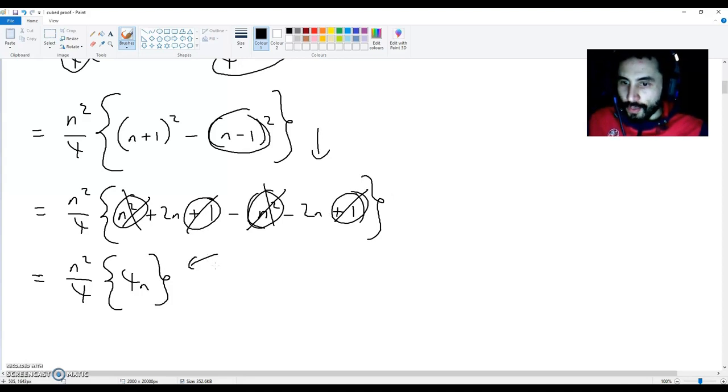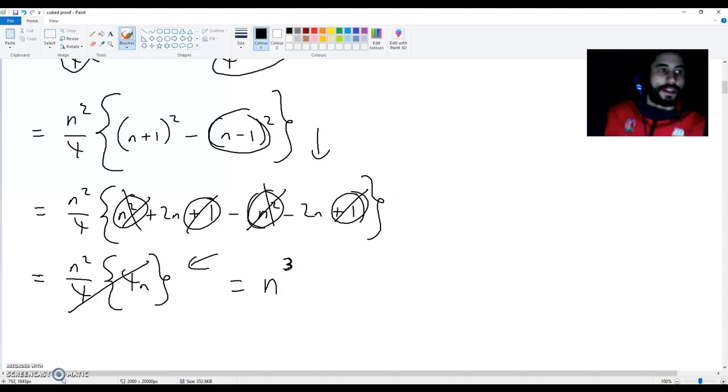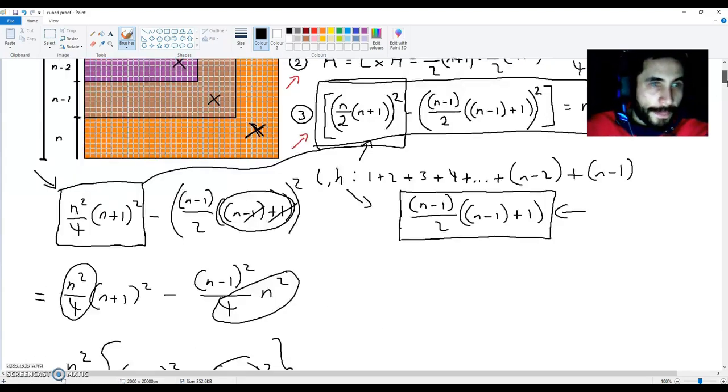So we end up with this over here, n squared over 4 multiplied by 4n. The 4's cancel each other out, and what we get is n cubed, okay? That is n cubed.